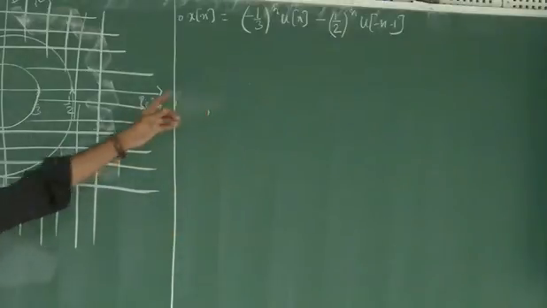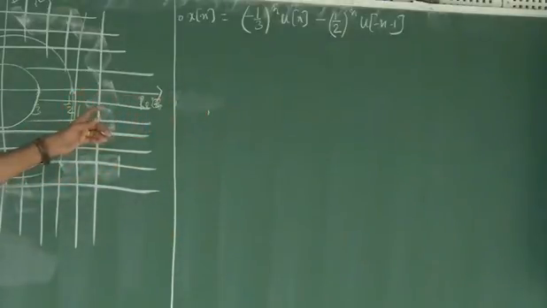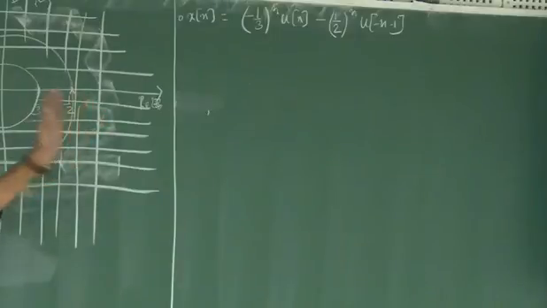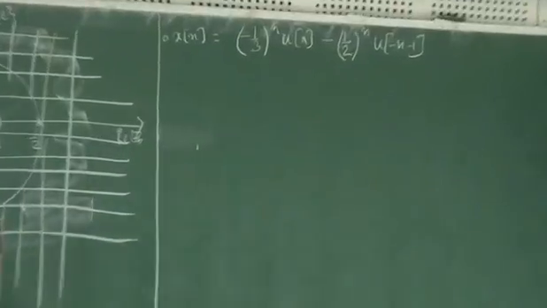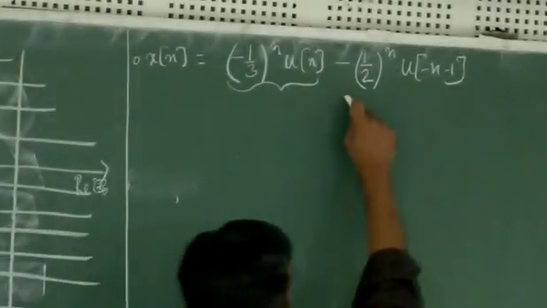Again, here we have a linear combination of a right-sided sequence and a left-sided sequence, correct? So which is the right-sided sequence here? This one, right? And which is the left-sided sequence? The other term, right? Okay.